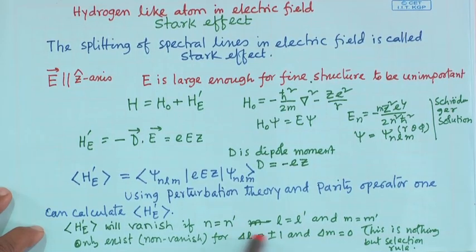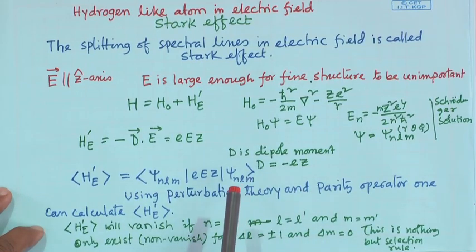When this condition is satisfied, this term will exist, and this is nothing but the selection rule. After calculation you will be able to show that only when delta l equals plus or minus 1 and delta m equals 0 is this transition possible, otherwise not.